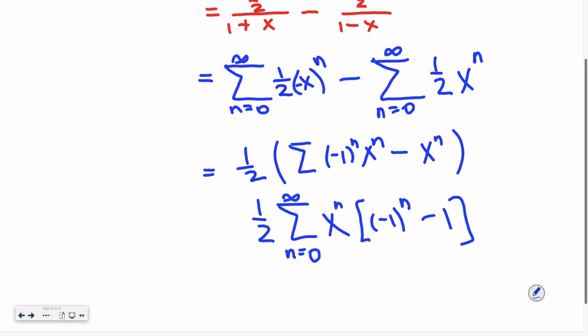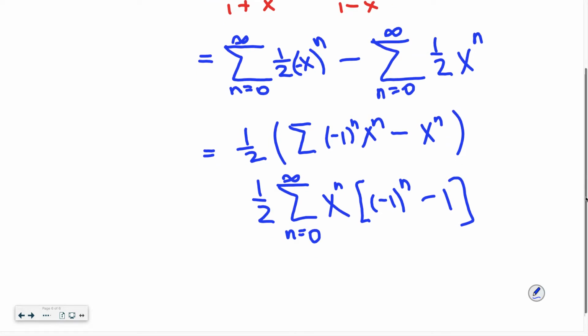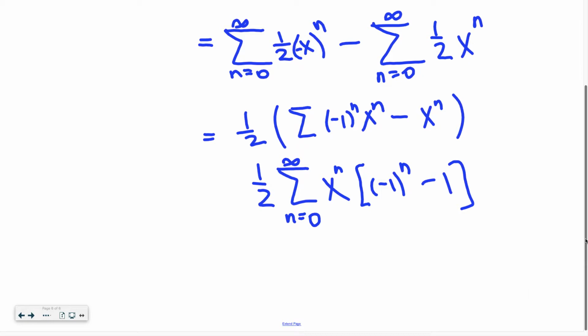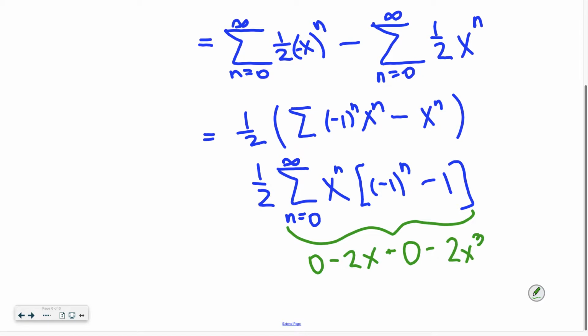You could also observe that this would be x to the 0 times 0, plus x to the first times -2, plus x to the second times 0, plus x cubed times -2, plus... do you see where I'm going with this here?